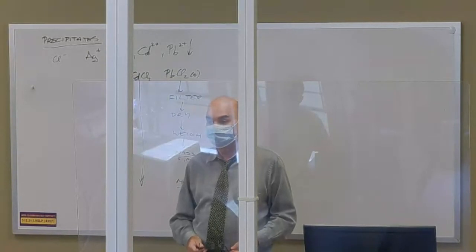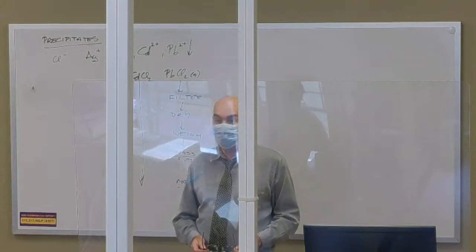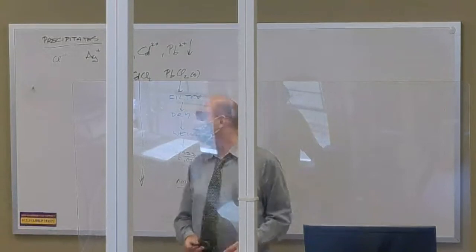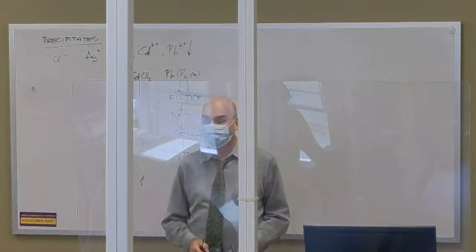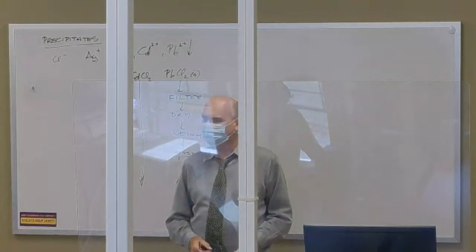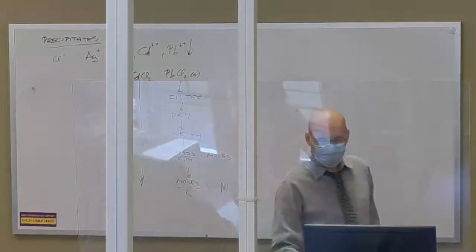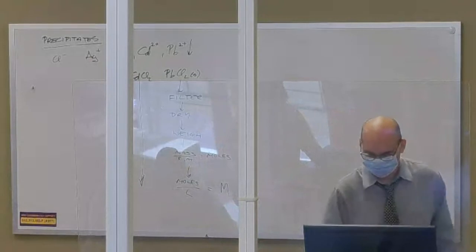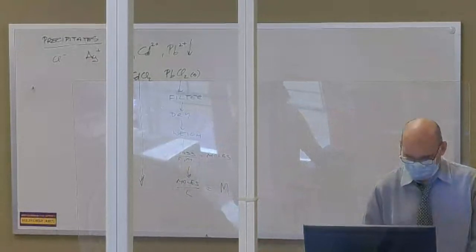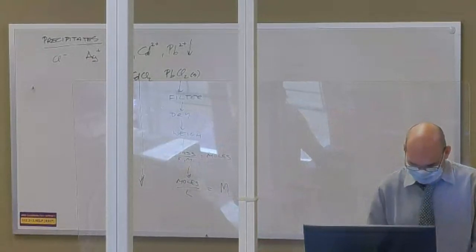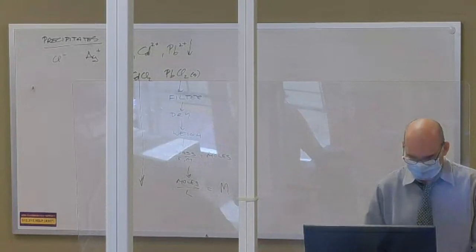Okay. I would go type into Google Ksp, cadmium chloride, and then I would type into Google Ksp, lead chloride, and I would see if those numbers are different. Let's do it now. Ksp, PbCl2.